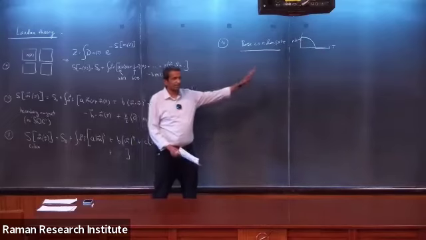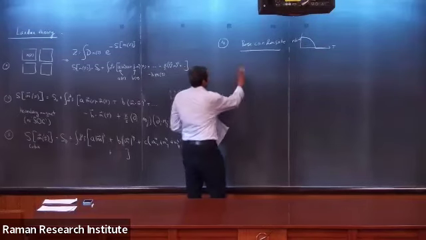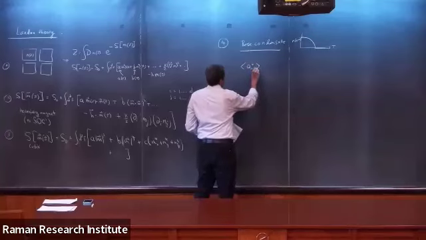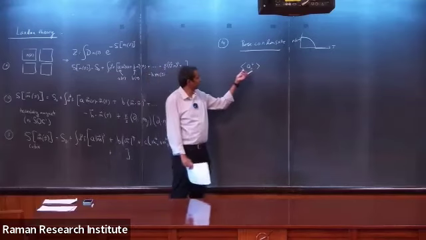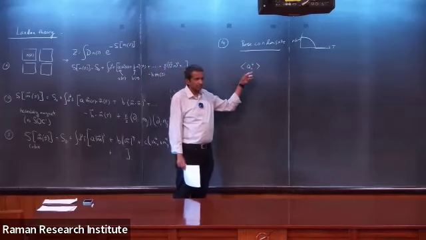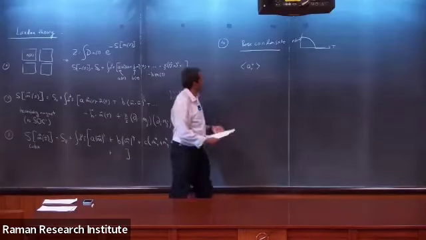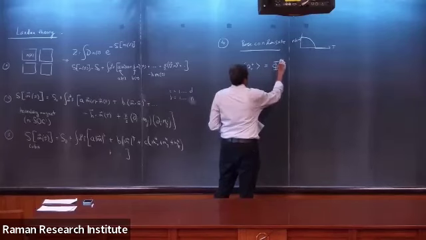But we said, in fact, there's a more fundamental order parameter. This is not the correct order parameter to look at. The correct local quantity to look at was some object of this sort, which corresponded to the expectation value of this annihilation or creation operator. And so we said, this is in fact my order parameter.